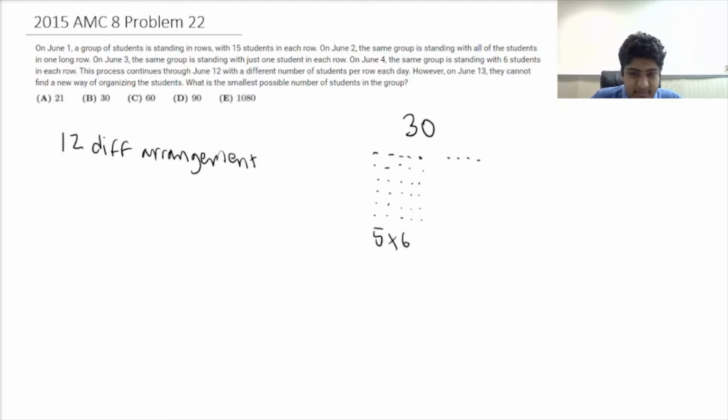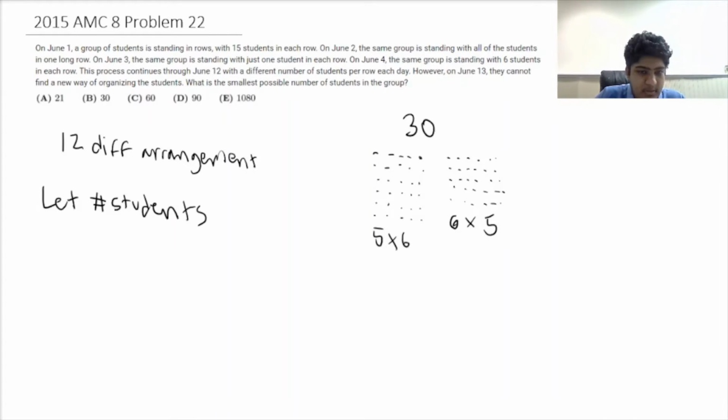However, they could also have 6 students in each row, which is just going to represent the pair 6 times 5. So it's the number of factor pairs, and since these pairs are reversible, that means that this is just the number of factors. So if we let the number of students be n, we know that n has 12 factors.